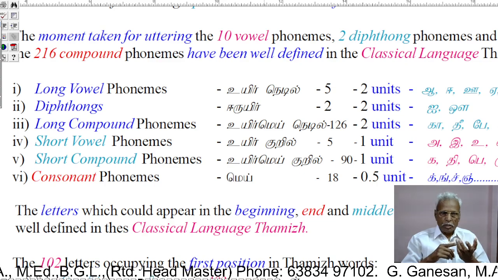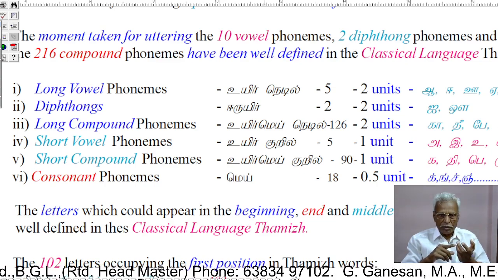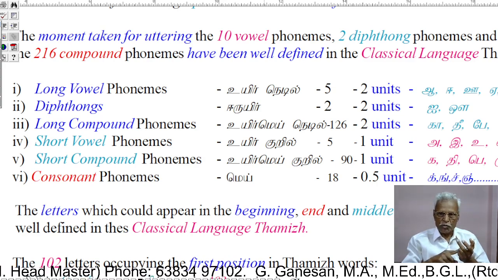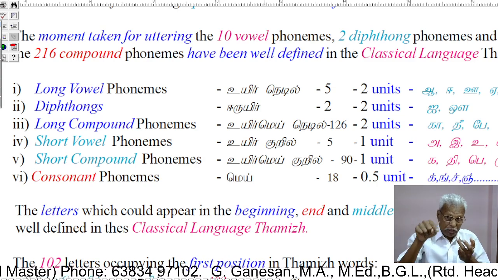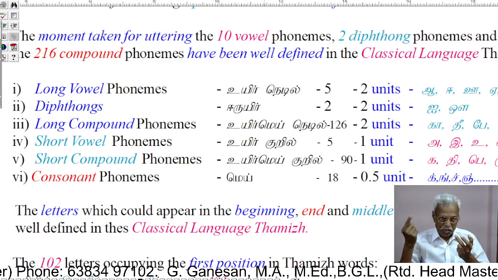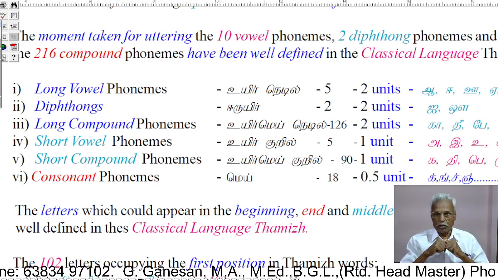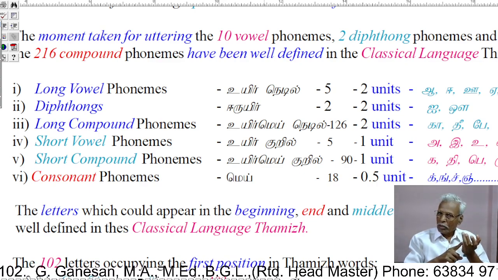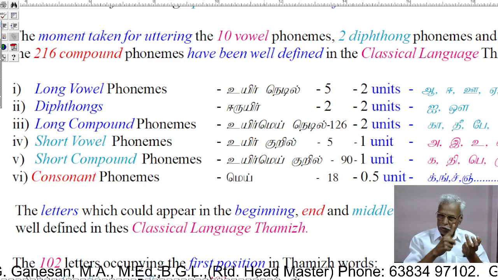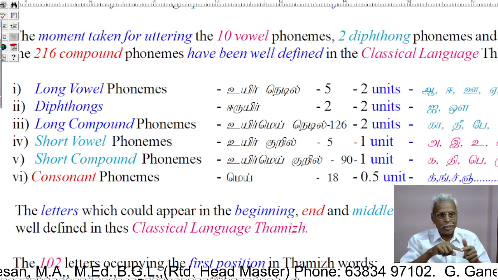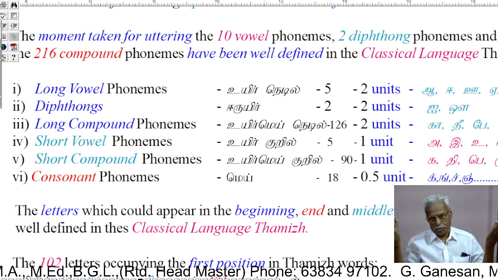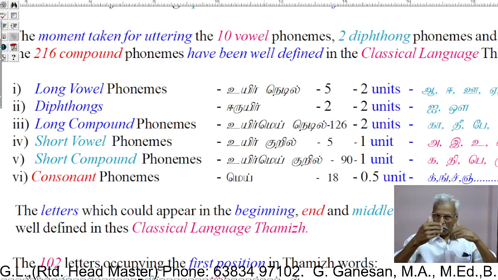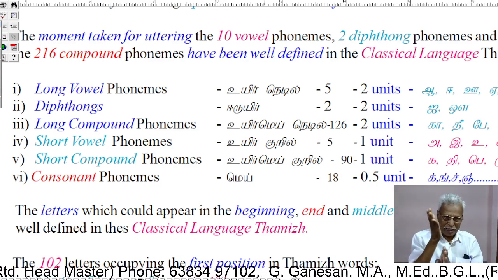That is, the time taken for uttering 10 vowels, 2 diphthongs, 18 consonants and 216 compound letters. Now let us see what is the time taken. What is the length of the time taken?